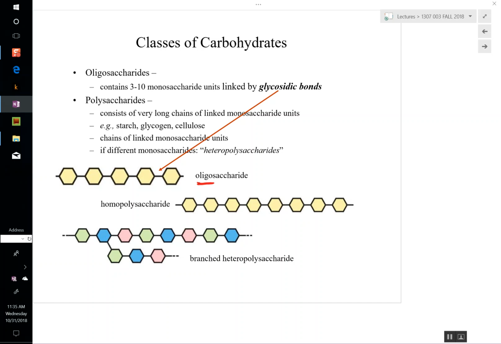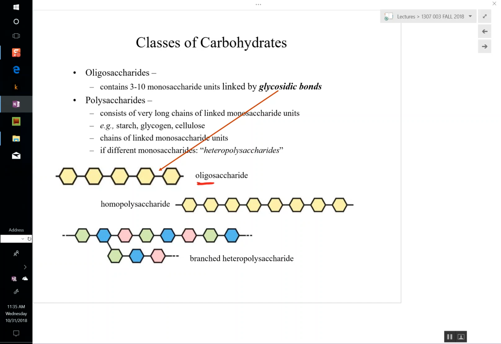Oligosaccharides. A homopolysaccharide: let's say those are all glucose, then you have a homopolysaccharide. If you had glucose and fructose, or a mixture of different saccharides in your polysaccharide, you'd have a heteropolysaccharide. And then ordinarily this is going from carbon number 1 to carbon number 4, 1, 2, 3, 4.